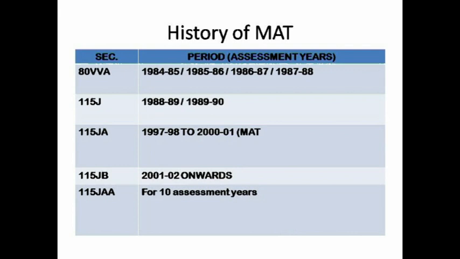wherein section 80VVA was introduced. As per section 80VVA, the companies are liable to pay a minimum tax. It started in the assessment year 1984-85, and it was effective up to 86-87.